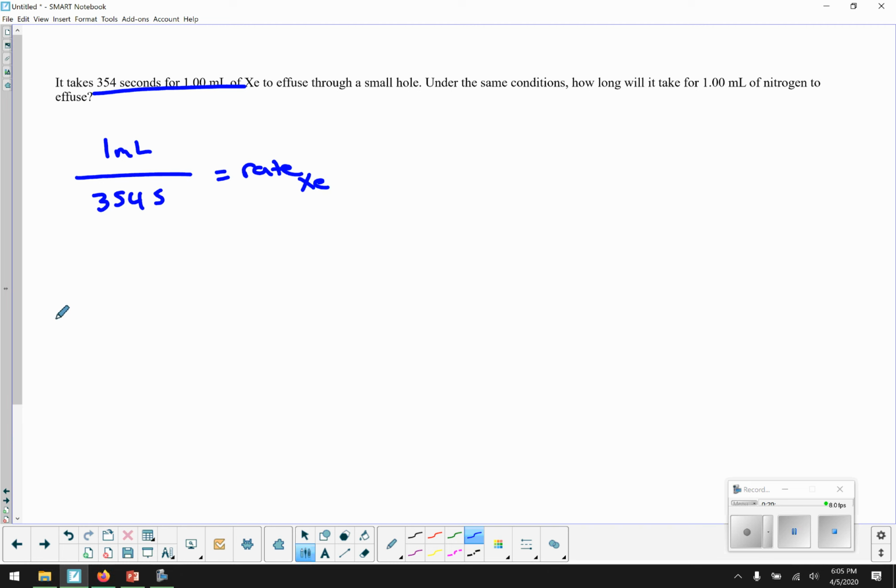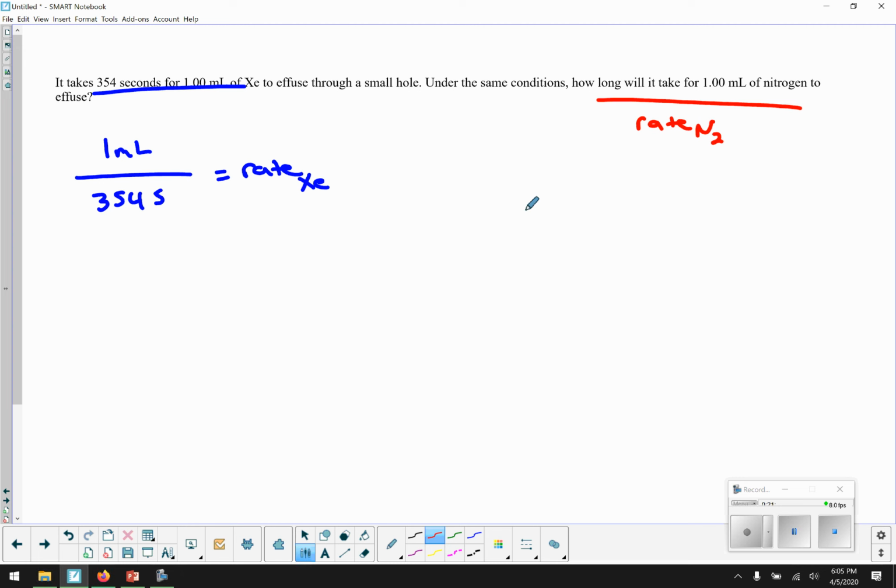Well, it's not a fun rate, but it's a rate. What we're looking for then is how long it will take 1 milliliter of nitrogen. We're looking for a rate of N2. And again, remember nitrogen gas is N2.